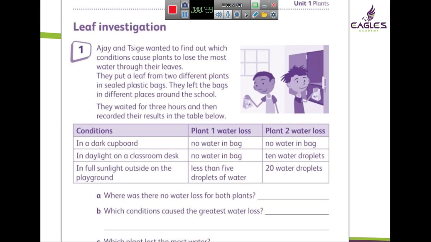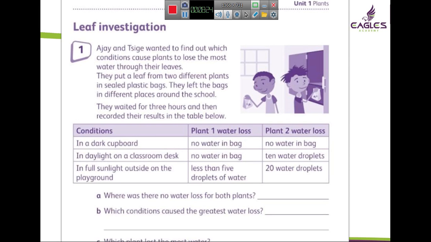Where was there no water loss for both plants? So we are speaking about a condition where there is no water loss for both plants. 20, less than 5, no, not this one. Now no water in the bag and 10 water droplets, not even this one.